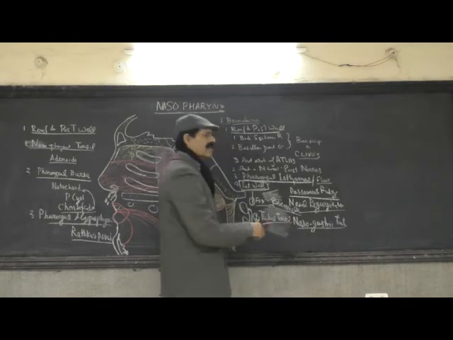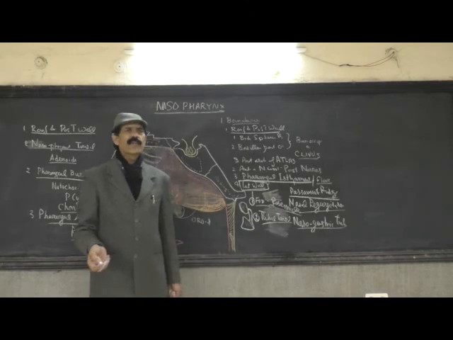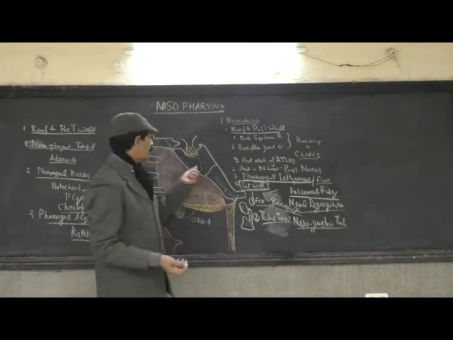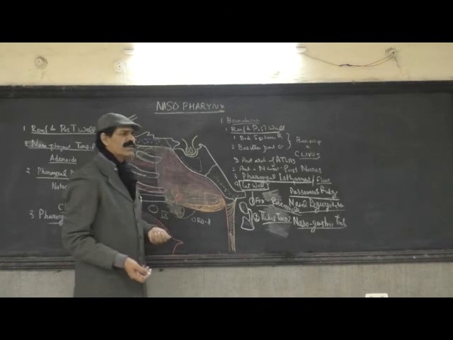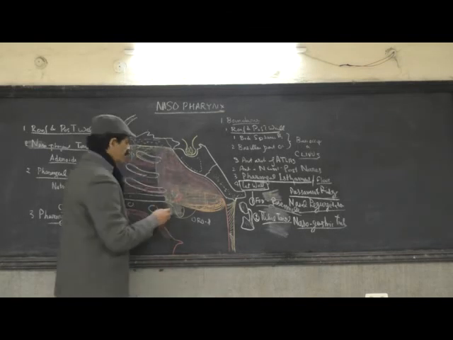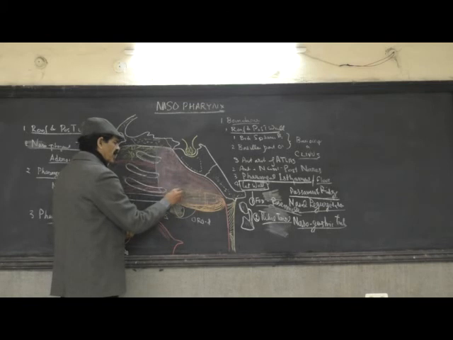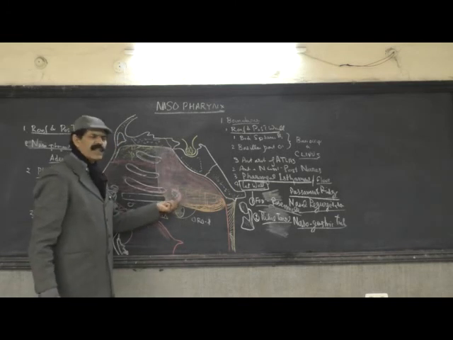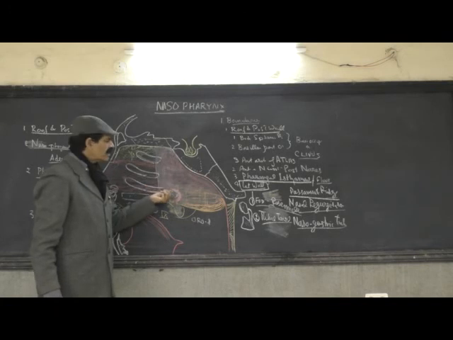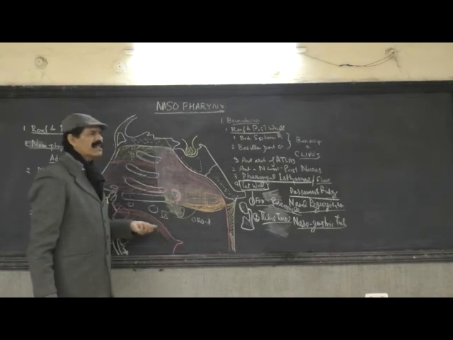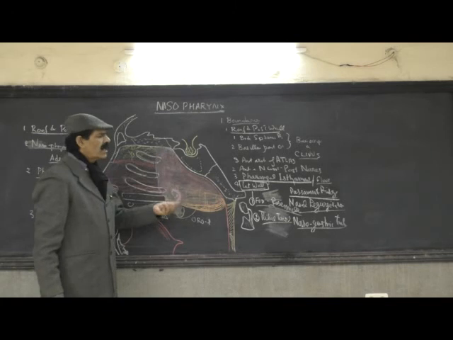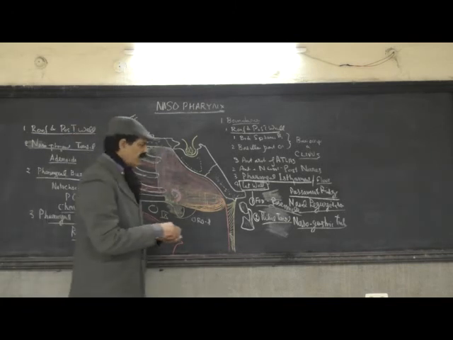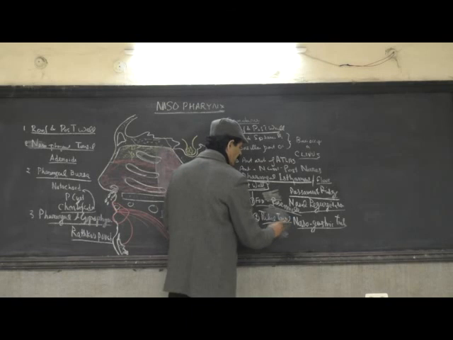We know the tubal tonsil is also one of the constituents of Waldeyer's ring, after the nasopharyngeal tonsil. The tubal tonsil is a collection of lymphoid tissue in the roof and posterior wall. Because of this, what happens? The mucous membrane is raised, and this raising of the mucous membrane causes the tubal elevation. The tubal elevation is because of the underlying tubal tonsil.